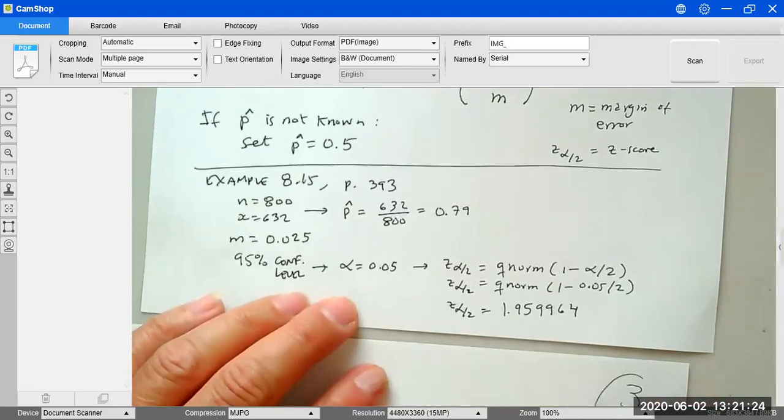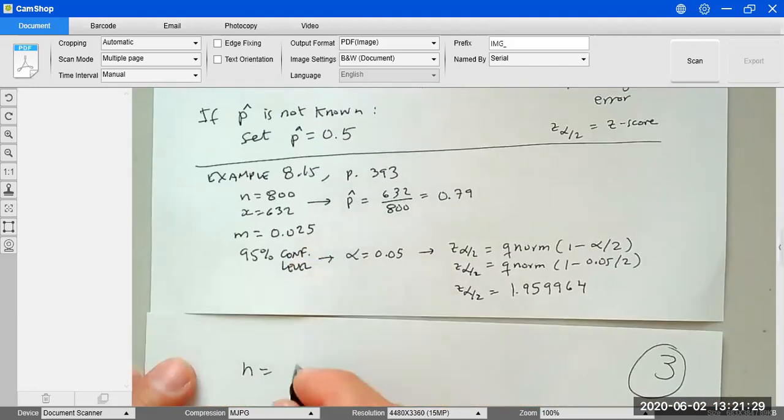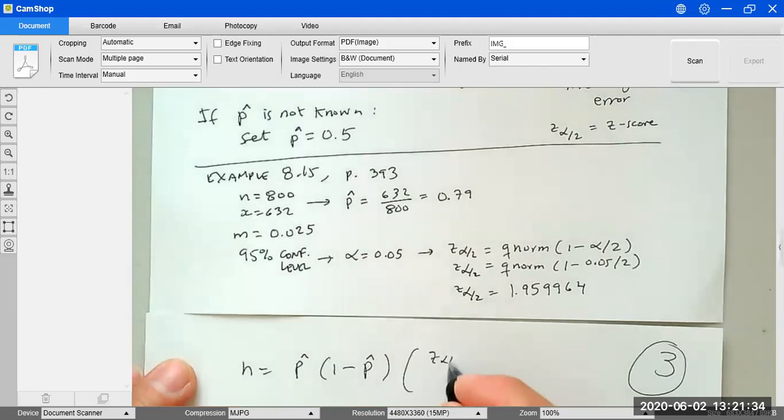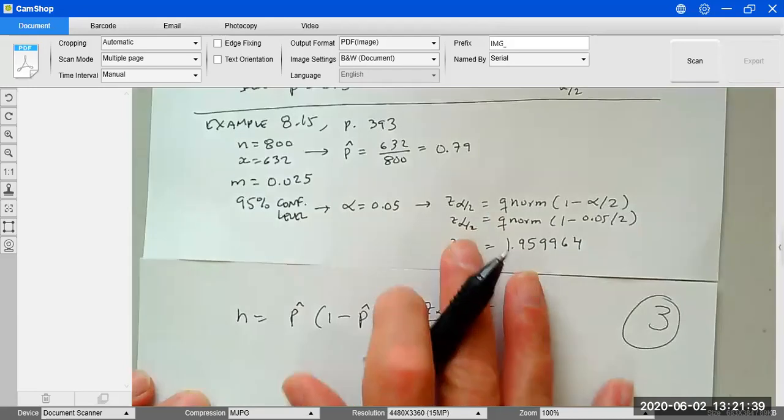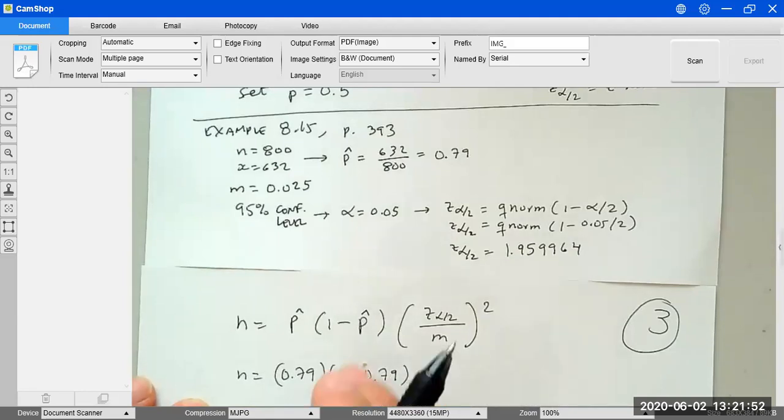The formula requires p hat times 1 minus p hat, and z alpha over 2 over m, squared. We already have this information, so this is going to be equal to p hat, which is 0.79, times 1 minus 0.79, times z alpha over 2, 1.959964, over m.